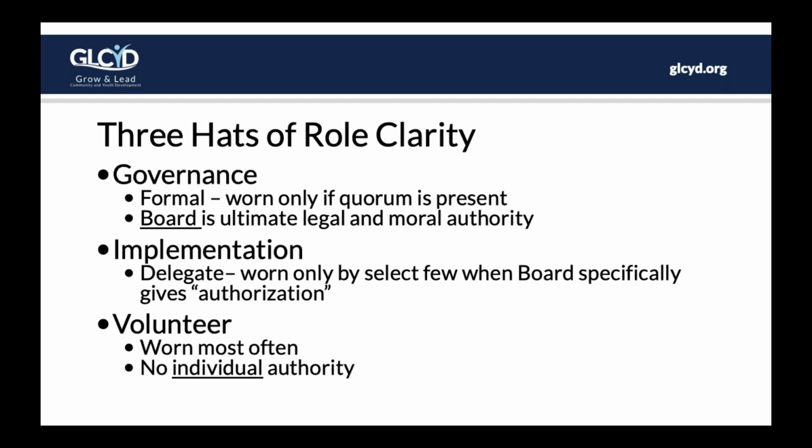When you're in this volunteer mode, it's very important to remember you don't have any individual authority. Your authority is mainly in the boardroom with your governance hat. You have limited authority in your implementation when you're doing your committees or specific tasks designated by the board. But most often you're volunteering.